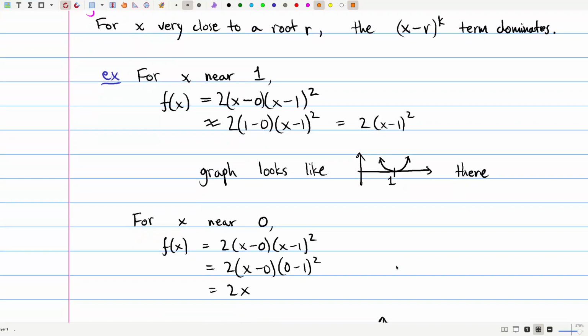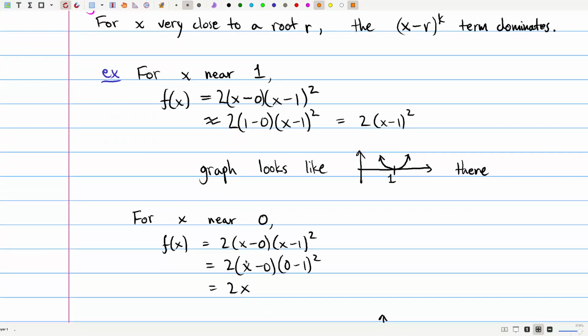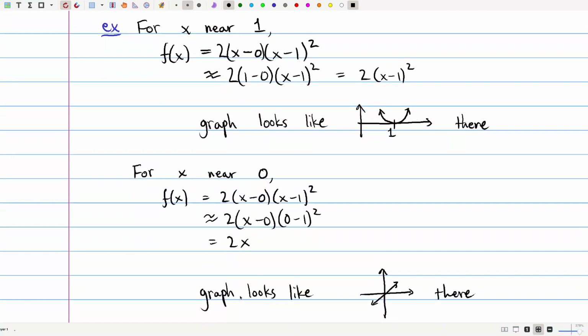For x near 0, we can do the same procedure. For the factors that are not x minus 0, we can plug in, and this should say approximately equal to, not equal to. It's approximately equal to this function setting the x to 0 in all the other terms, and so it looks like 2x when we are near the origin.